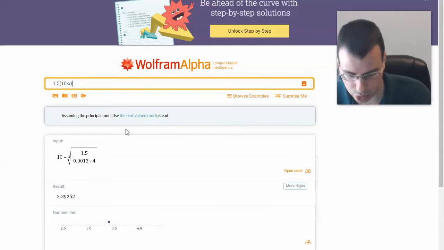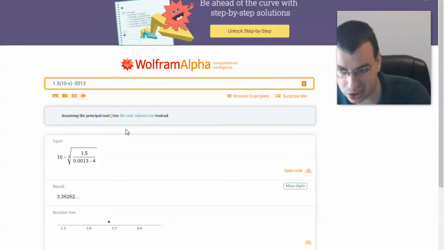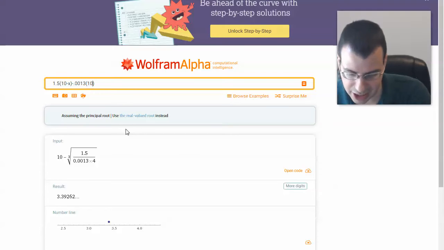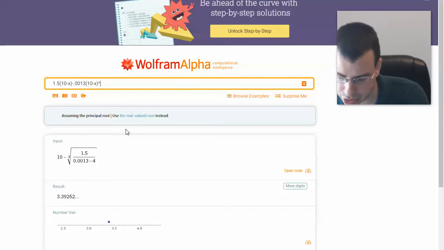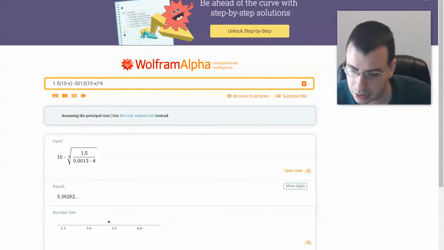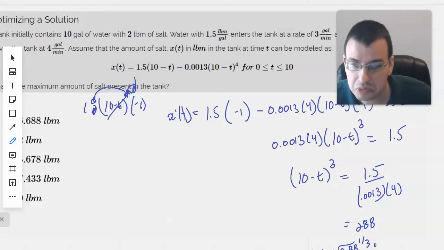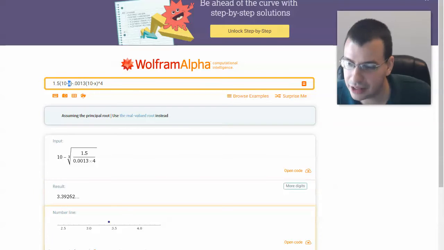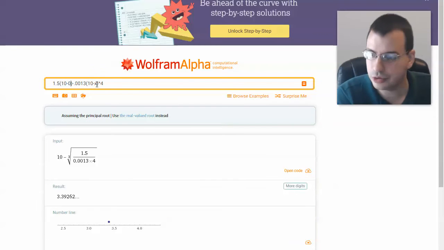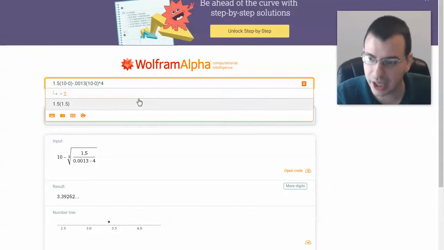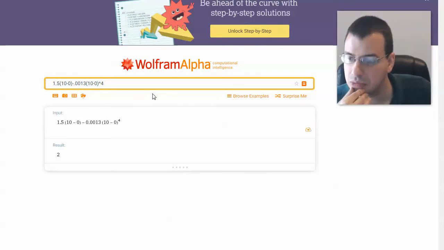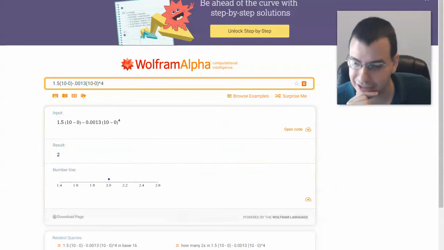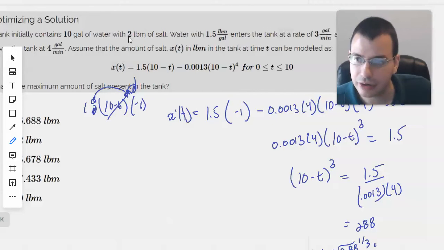Minus 0.0013 times 10 minus t to the 4th. Yeah, that's actually the whole thing. If we plug in t equals 0, we have 2, which they gave us. Excellent, that's actually really kind of cool.